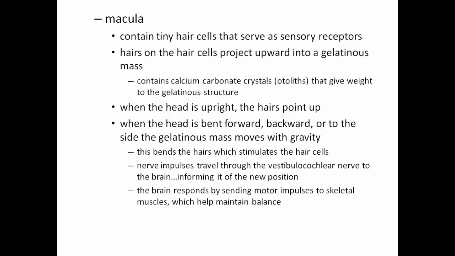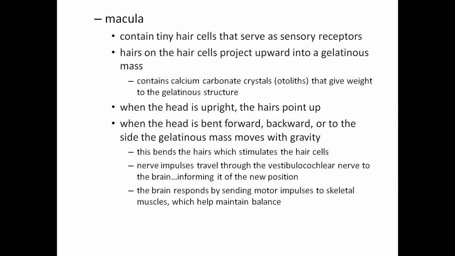When the head moves forward, go ahead and bend your head forward real quick, bend your head backward real quick, and then to the side, and you'll notice that you don't fall over. Well, that is because these hairs in there bend. That stimulates the hair cells. That impulse travels to the vestibulocochlear nerve, specifically the vestibular nerve.